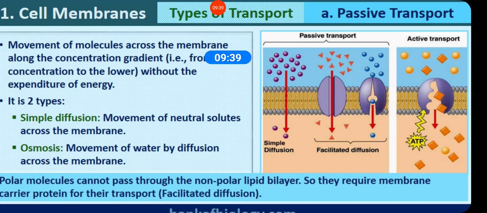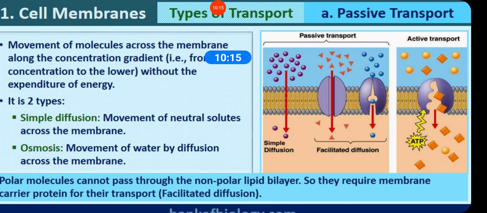Against the concentration means the things are not moving from higher to lower, rather from lower concentration to higher. Sometimes, even though the concentration may be higher inside the cell, the cell needs more of the particles. At that time it is against the concentration, which means utilization of energy, and that is active transport.